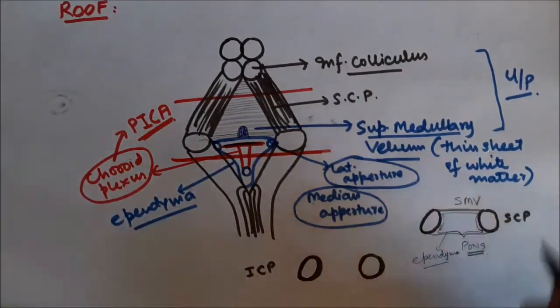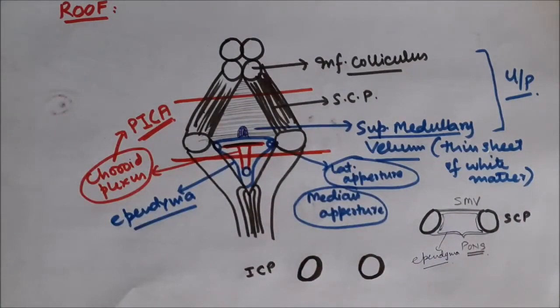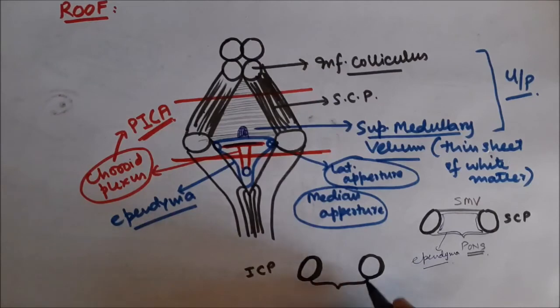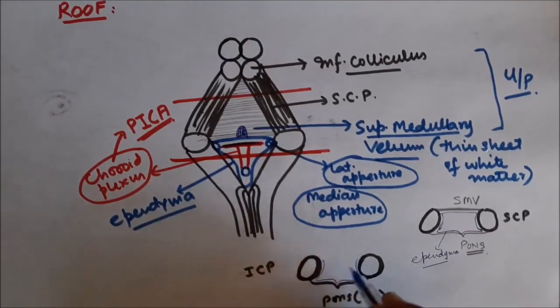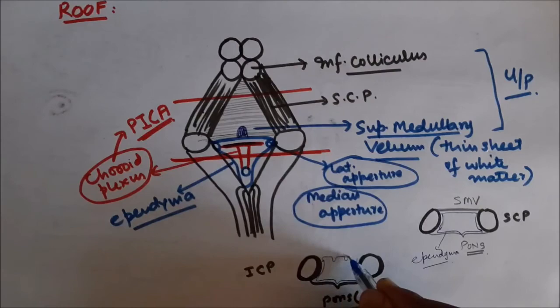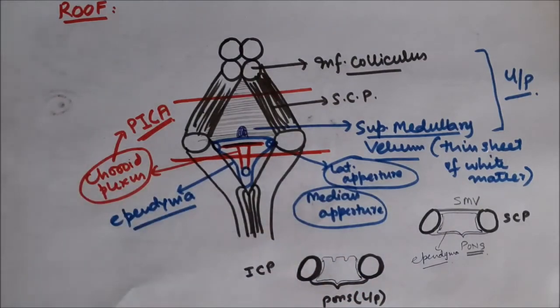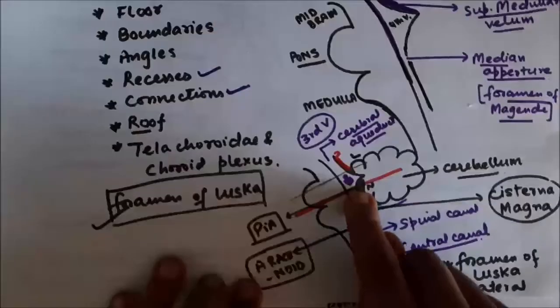Okay, in the first one there were superior cerebellar peduncles, and the floor is formed by the lower part of pons, and inside there is ependyma lining, and on the side of the roof there is presence of Tela Choroidae and choroid plexus.